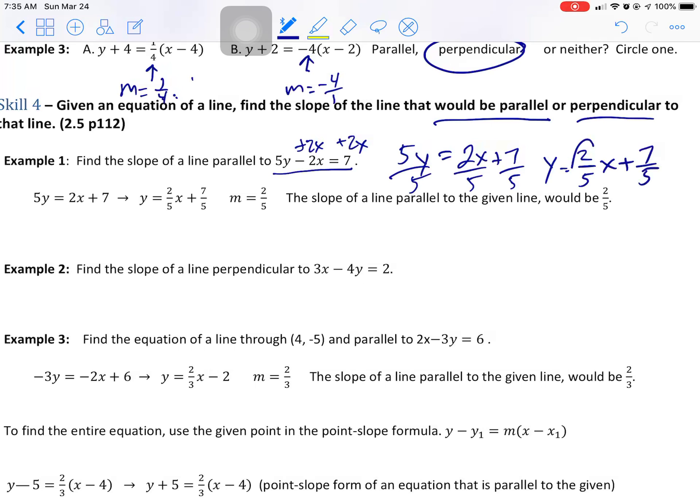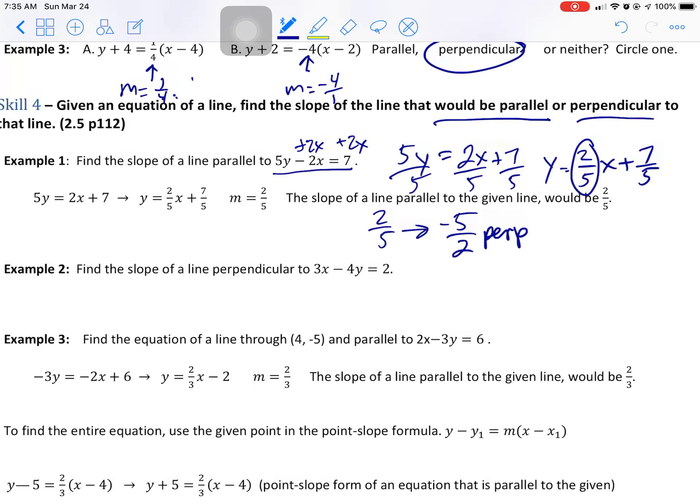Okay, right there is my slope. Okay, if that's my slope, what would be a line that was parallel to it? So you need to take the 2 over 5 and switch it to 5 over 2 and then make it negative. Oh, no, that'd be perpendicular. So that one's perpendicular. Wait a minute, I got to do that too.